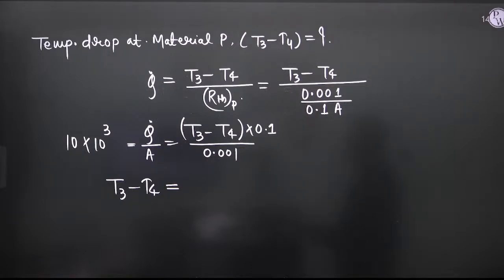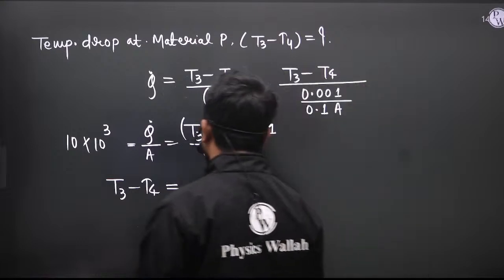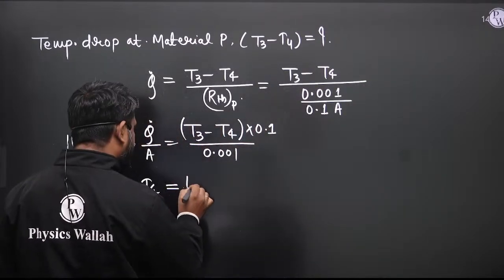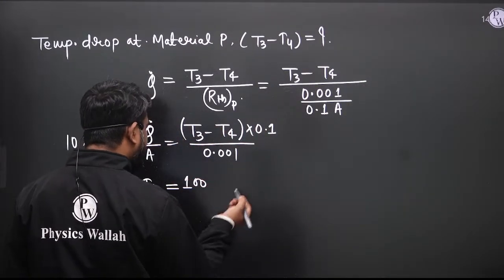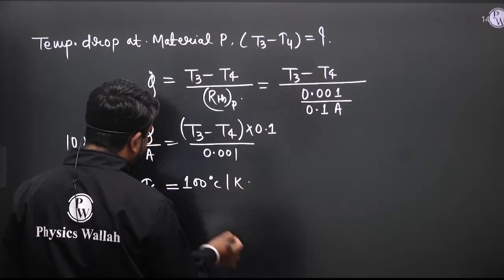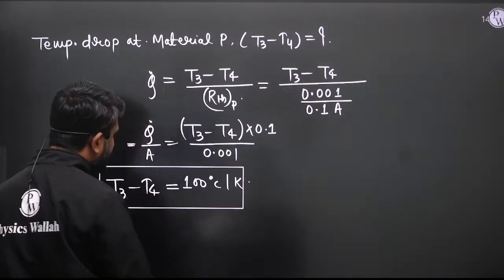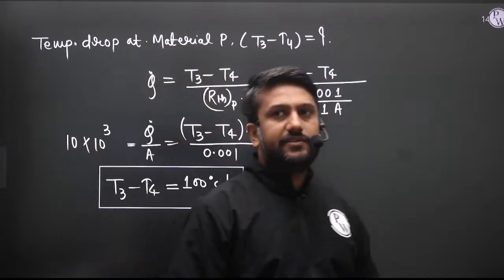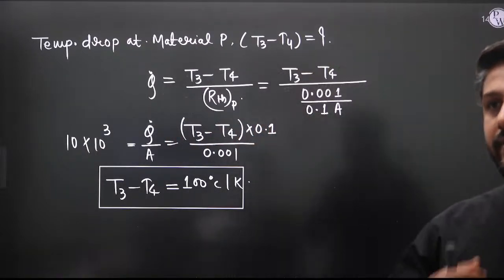That T3 minus T4 is 100 degrees Celsius, because ultimately this is the temperature difference. So you can say T3 minus T4 is 100 degrees Celsius or 100 Kelvin.